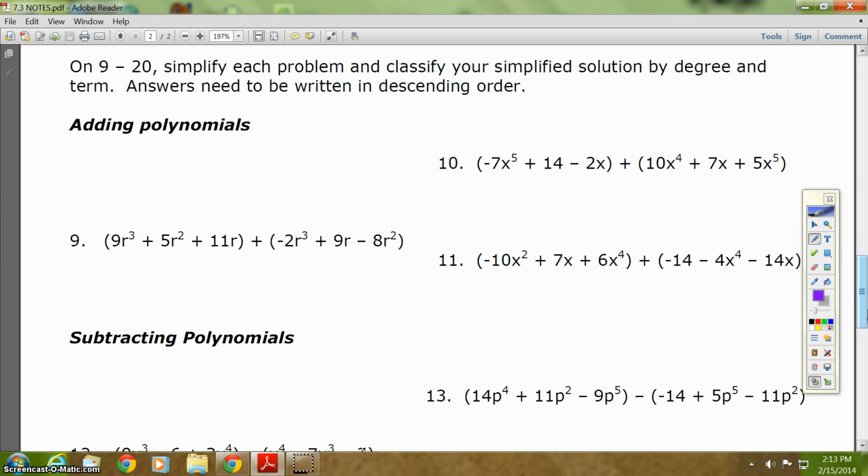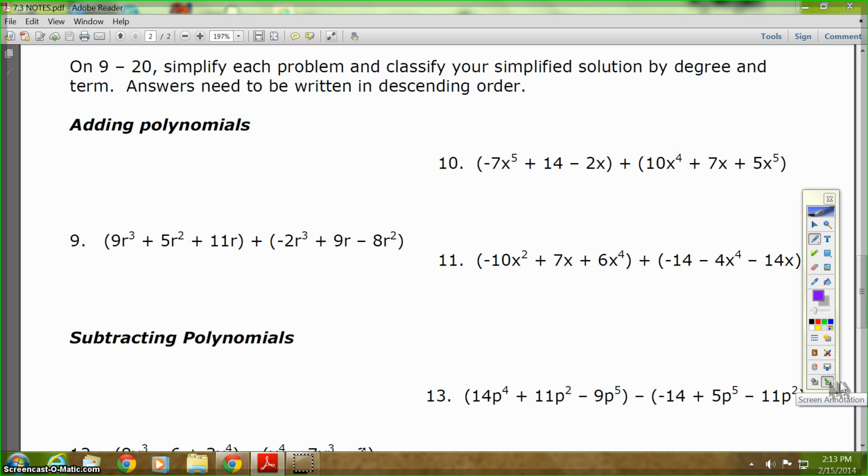Now we're going to be adding and subtracting polynomials. And we're going to simplify each problem and classify your simplified solution by degree and term. Answers need to be written in descending order, and the descending order means in exponential numbers.